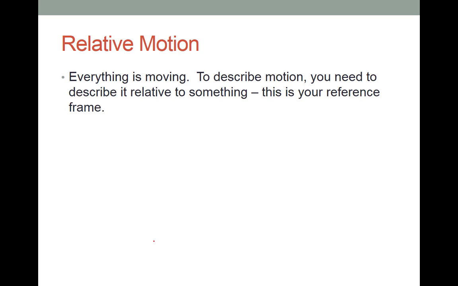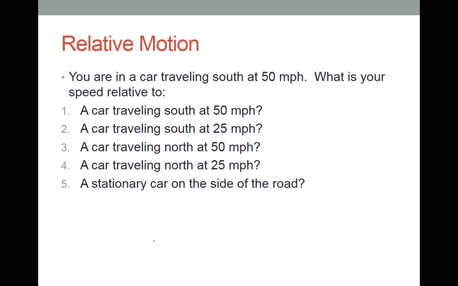Okay. So now, as an illustration, you're traveling in a car moving south at 50 miles per hour. What is your speed relative to a second car traveling south at 50 miles per hour?